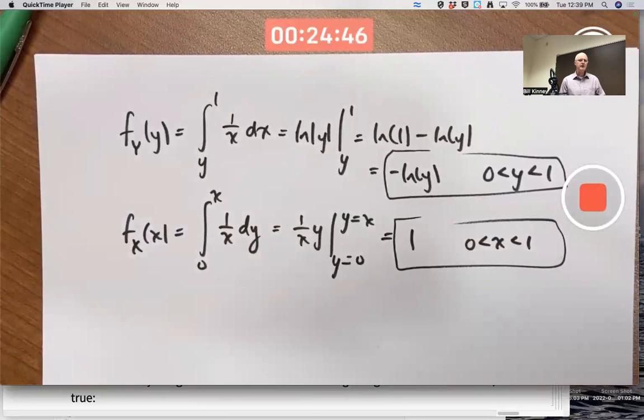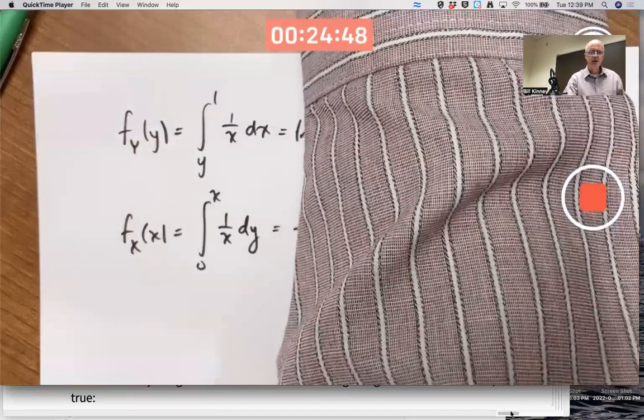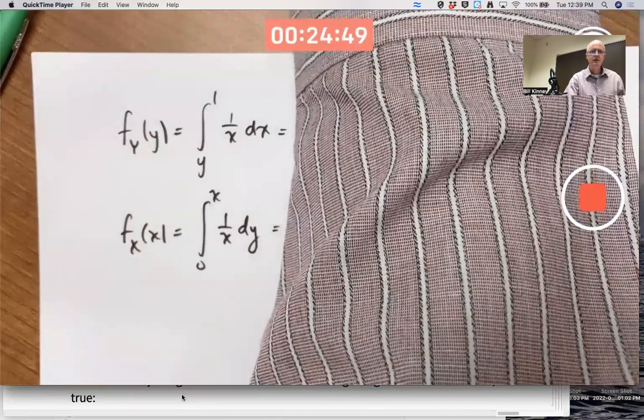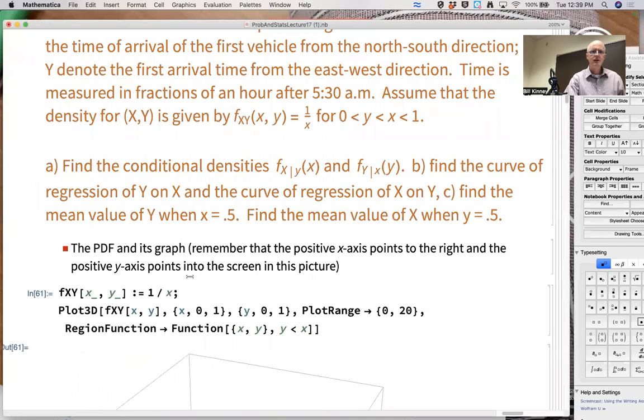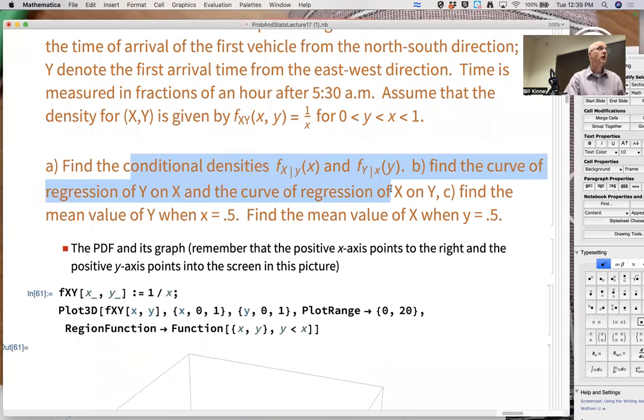What are we after here in this problem? Well, we were partially after those marginal PDFs, so that we can find these conditional densities and ultimately the curves of regression.